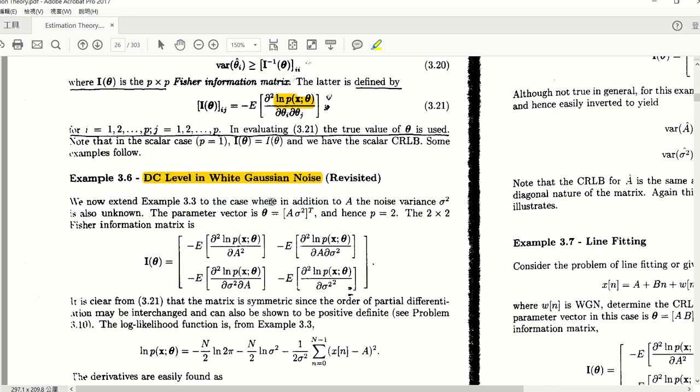Chapter 3 is sort of the core of estimation theory because it builds up a lot of fundamental concepts and also gives you simple examples to illustrate those concepts, formulations, and bounds, lower bounds, CRBs, and unbiasedness.